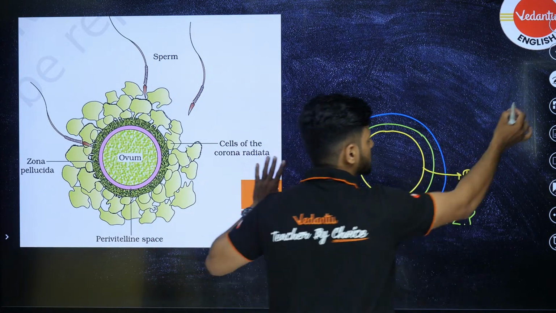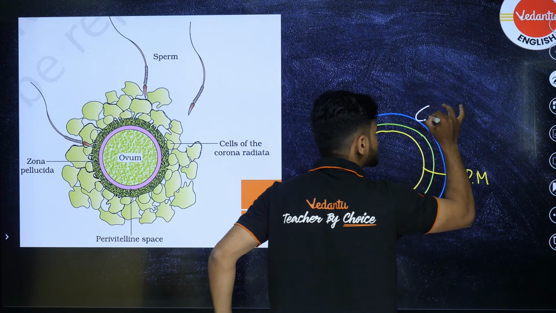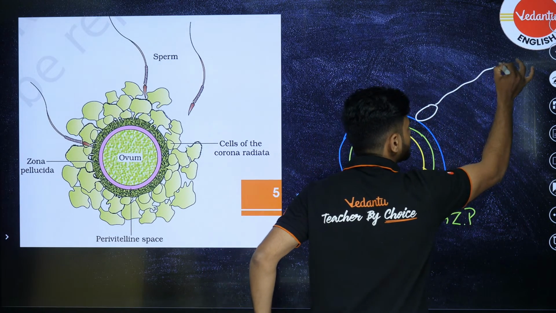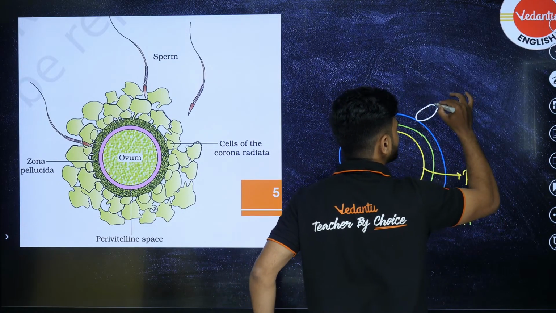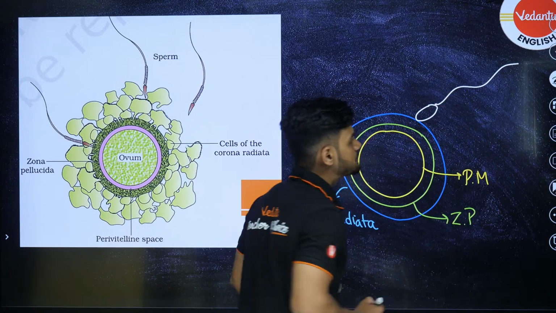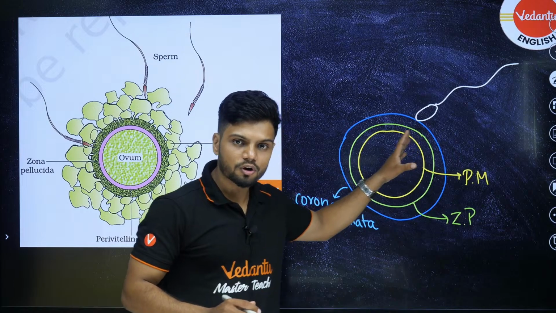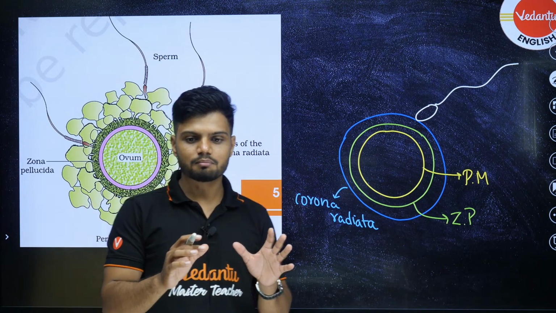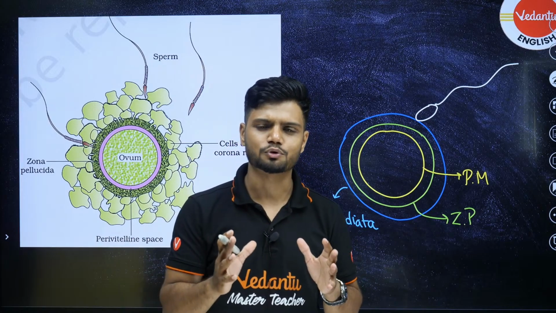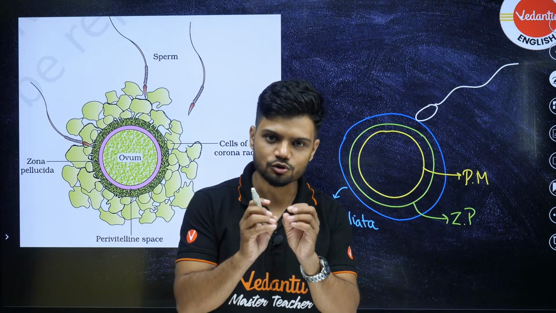Now, when the sperm is coming here, let's draw the tail better. The sperm is coming in contact. Now, before fertilization, there are actually many types of reactions happening, which are not given in your NCERT, which I will also not teach.